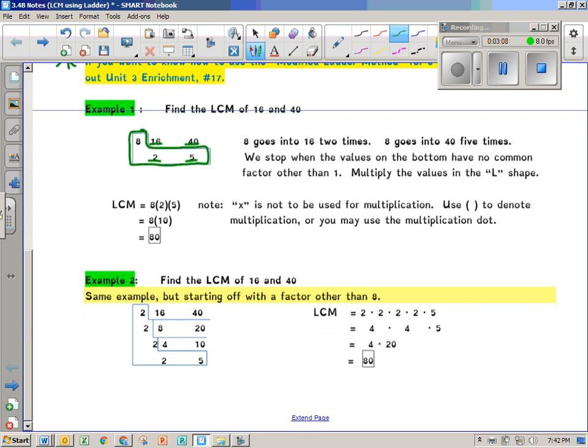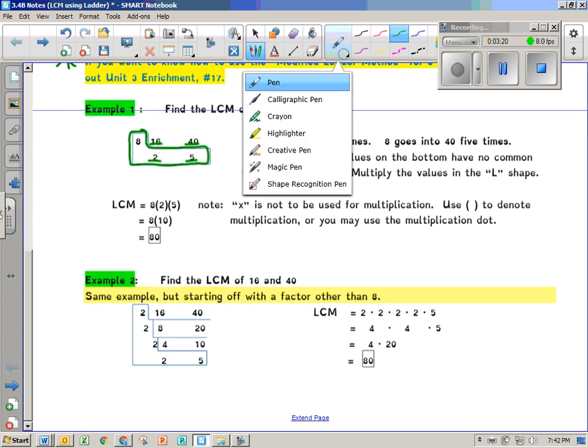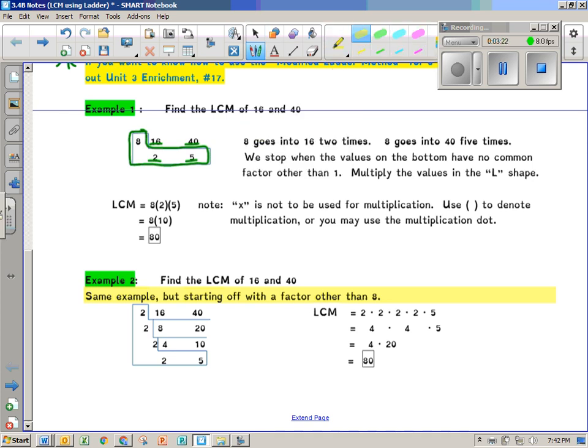I did the same example, except it showed a longer ladder, but you can see that you'll get the same result. When you multiply all of these values together, this whole L, it just gives you more stuff to multiply.